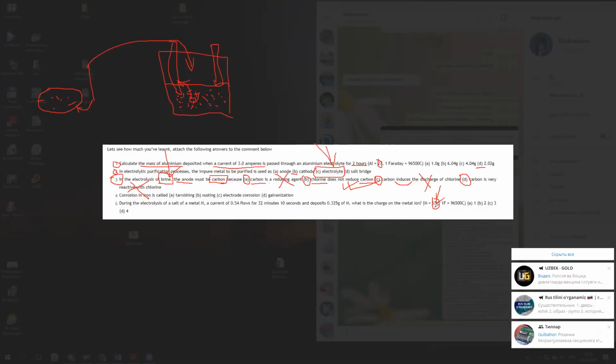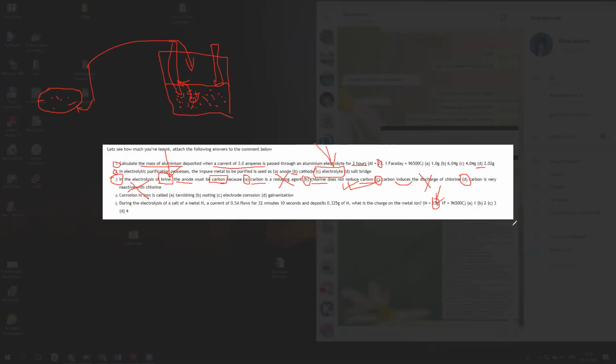Deposit means releases or liberates. So show me the answer and your reasoning. I'm asking you, by deposit, does it mean liberates or releases?